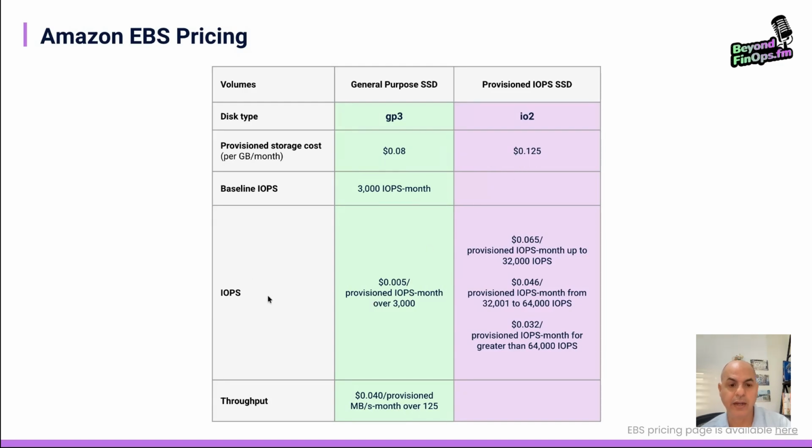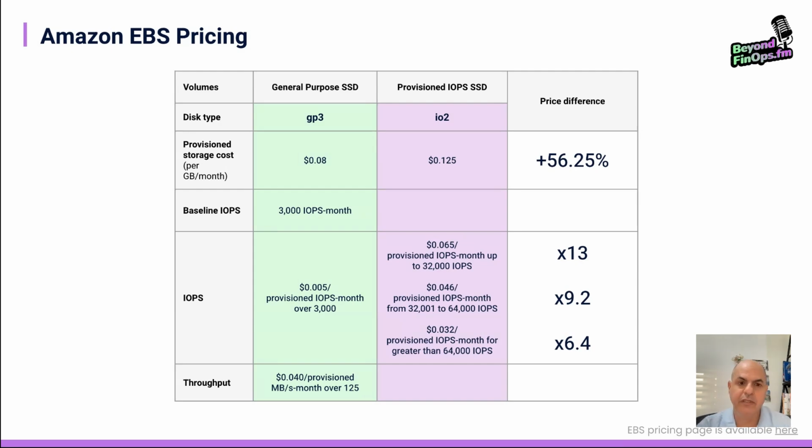When it comes to IOPS, IO2 is much more expensive than GP3 volumes. In the GP3 case there is a cost for the provisioned throughput, but the more meaningful items to look at are the gigabyte per month and the IOPS.